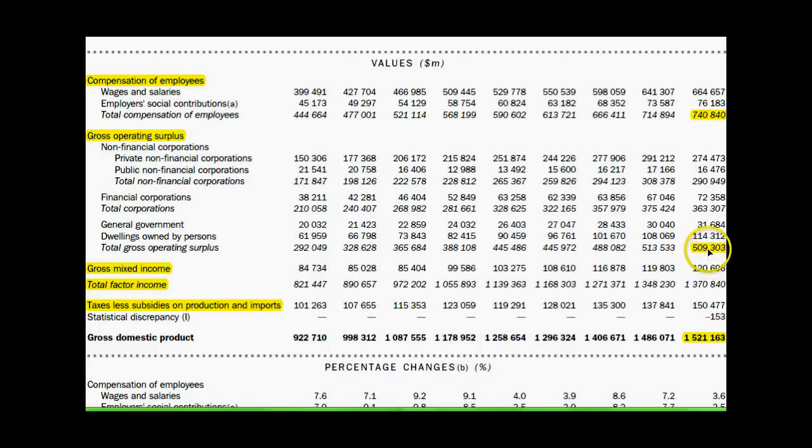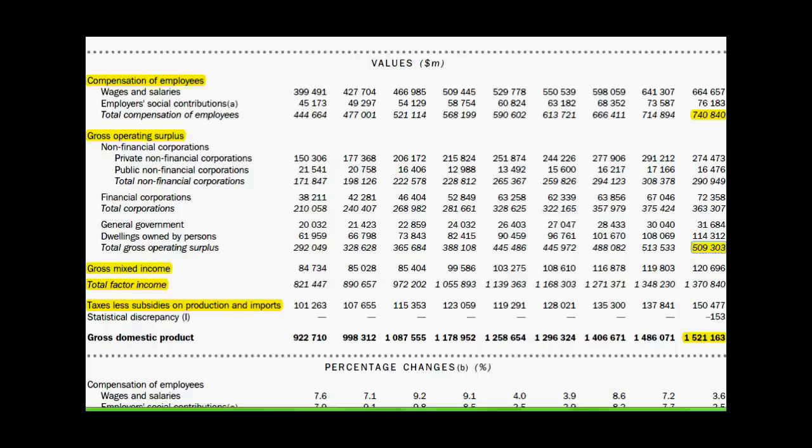So you can see that the amount of the total income going to, you could say, working families and so on, is $740 billion, and the income or profits going to corporations, ultimately to shareholders in the form of dividends, comes to about $500 billion.